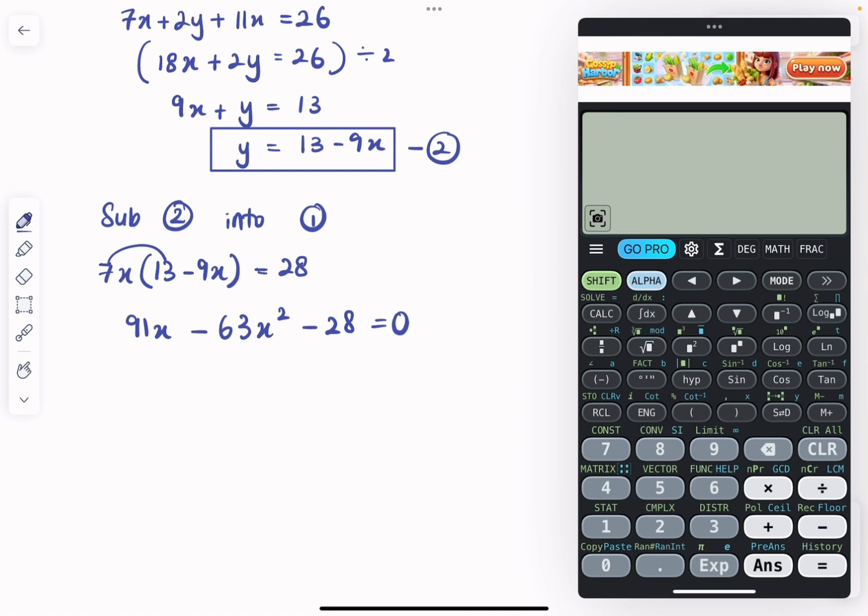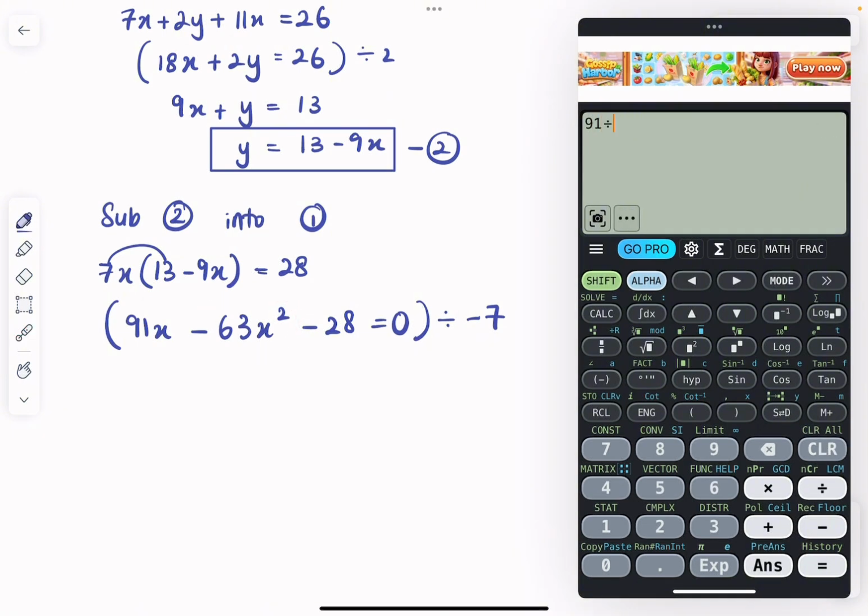Looks like the whole thing can be divided by something. 91 over 63 can be reduced to 13 over 9, so we divide by 7, because 28 can also be divided by 7. Or let's divide by negative 7, so that our x square will be positive.